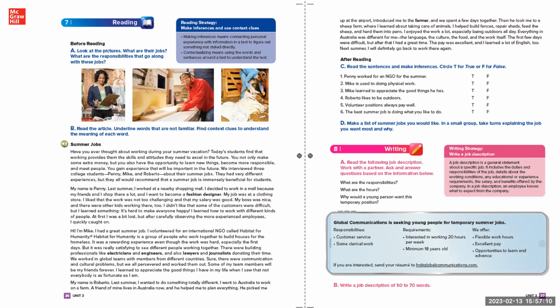Then the students will go on to read. And then after the reading, you see that there are questions to check understanding and another task about making a list of summer jobs they'd like to do. So personalizing about the topic of the reading text, to again help it mean something to the students, help support understanding and so forth.